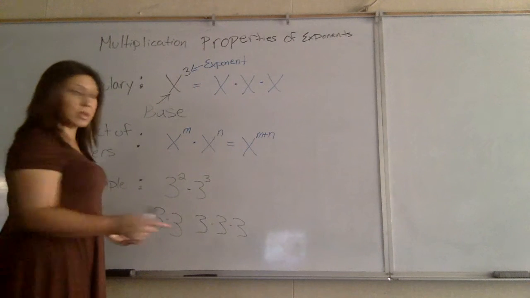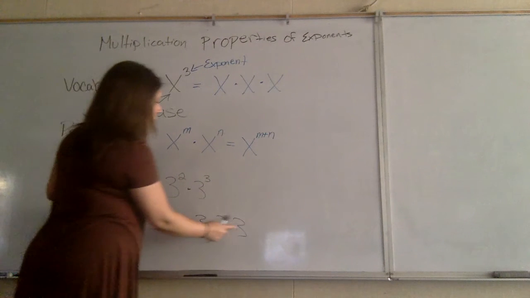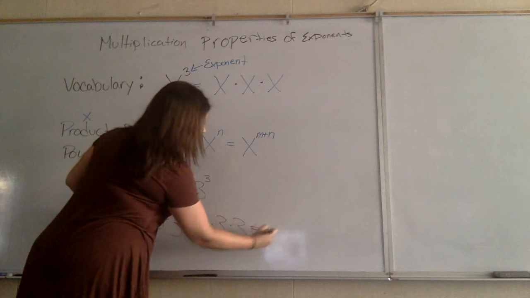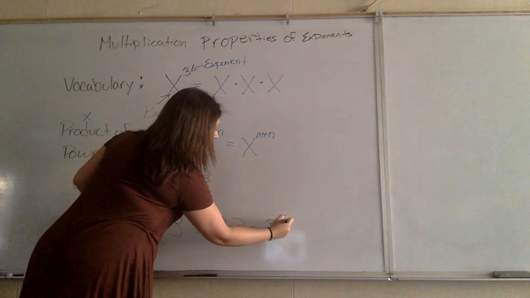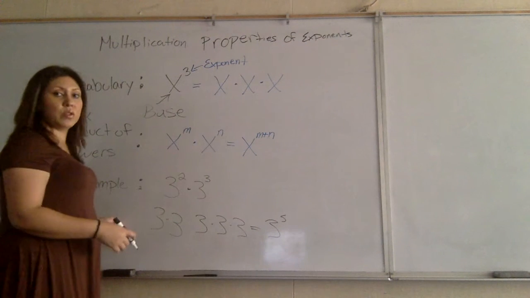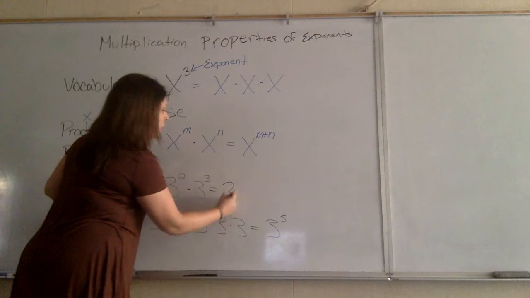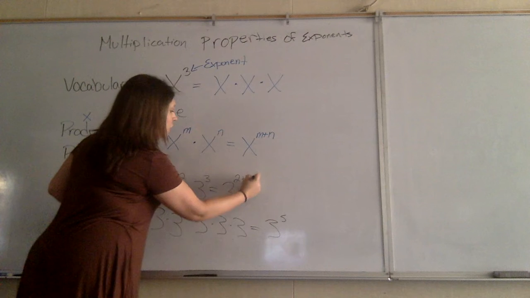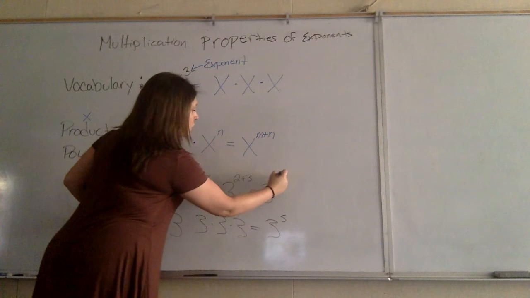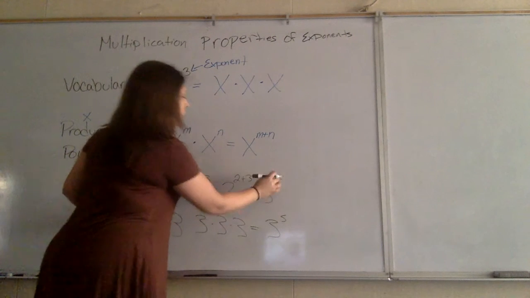If I add them together, 1, 2, 3, 4, 5, that tells me I have 5 3s. So 3 to the fifth. The shortcut to that means I have 2 plus 3, which means I have 3 to the fifth.